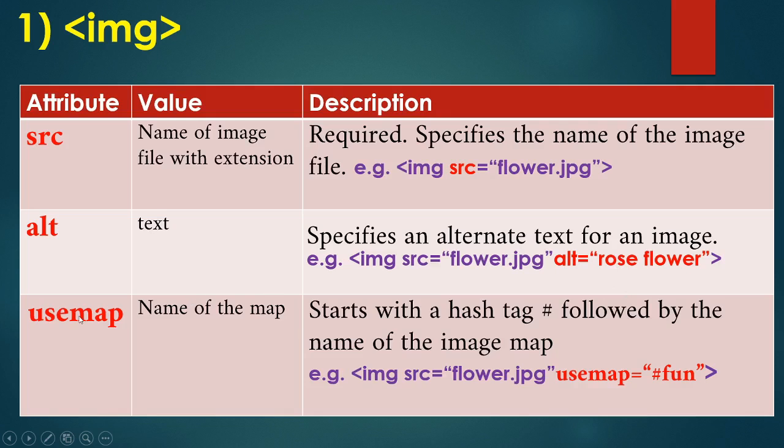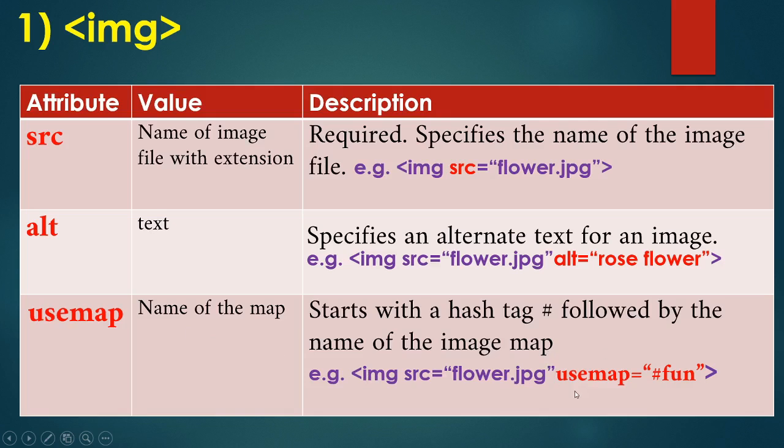Then the third one is very important, that is usemap. The value for this is going to be the name of the map. See here in the example, img src, that is flower.jpg, and usemap is equal to #fun.